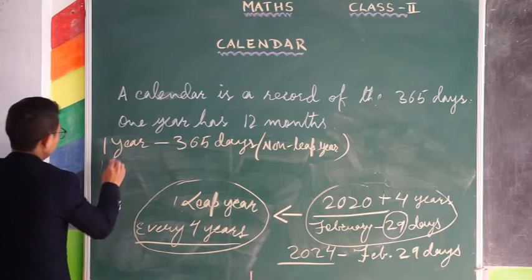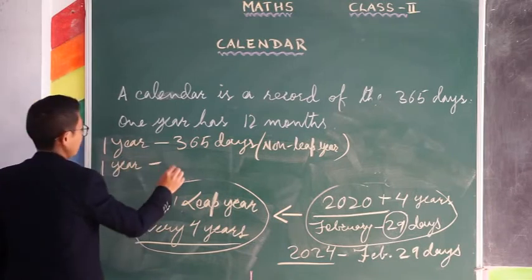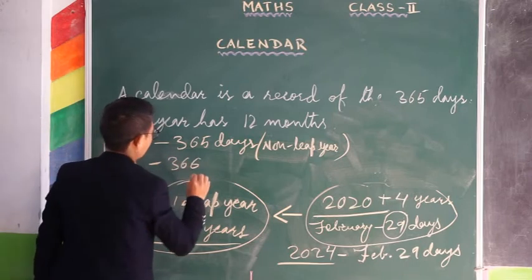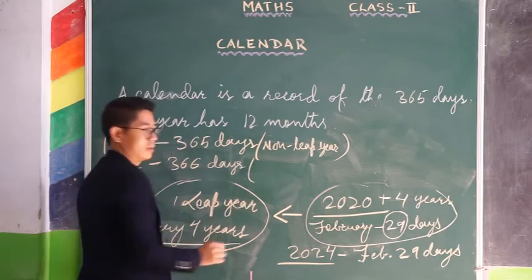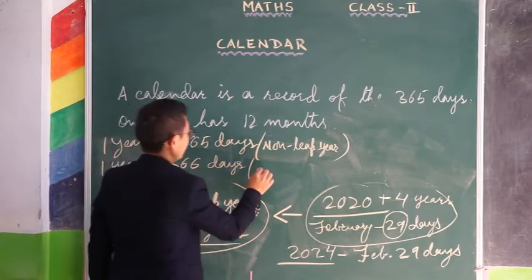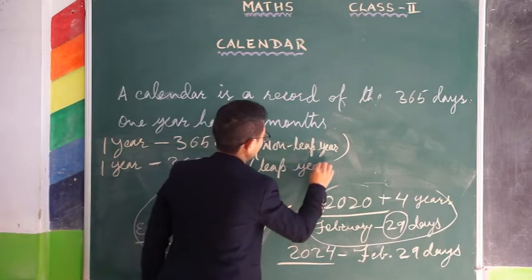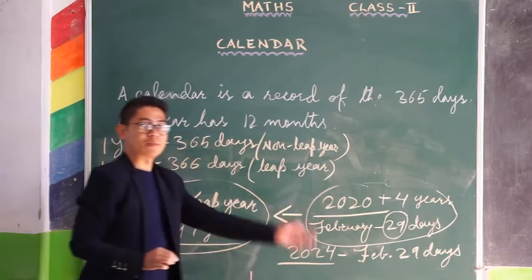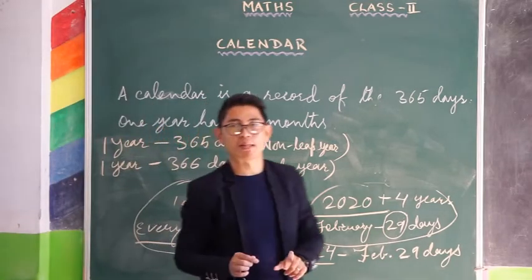Now, if 1 year has 366 days, this means it only happens in leap year. Because you have to add 1 more day from February month.